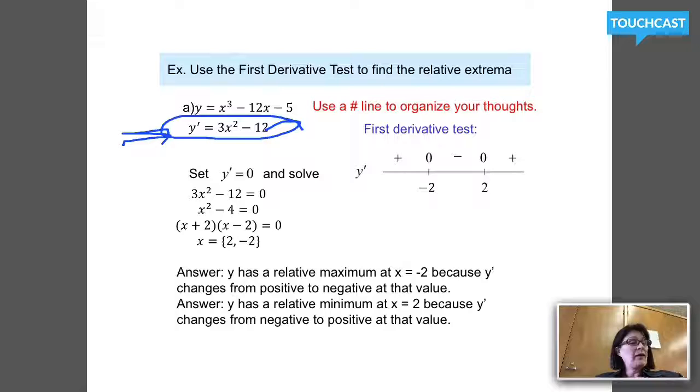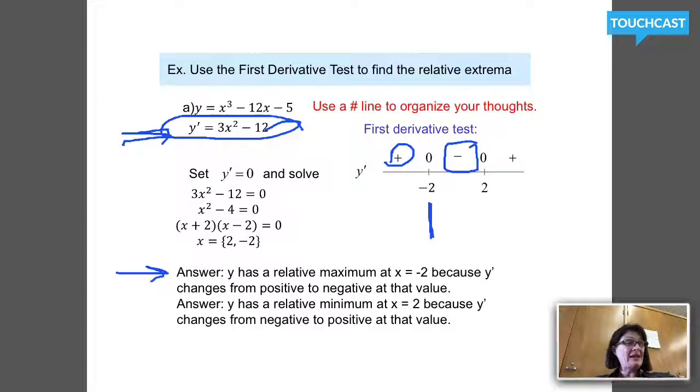I can apply that first derivative test. Any place that this derivative changes from positive to negative, and look here, this derivative was positive, and right here it changes to negative. So at x equals -2, y has a relative maximum because y prime changes from positive to negative at that x value.